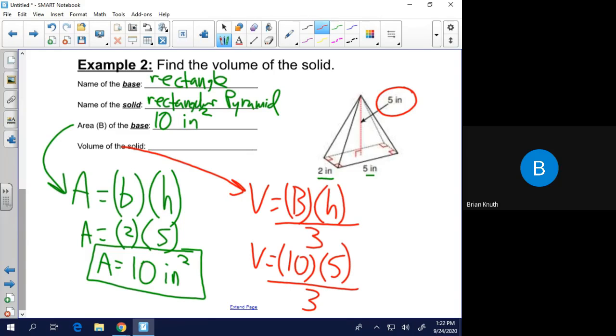Once I plug that into my calculator, I will get volume equals 16.7 inches cubed. Okay, I'll plug my equation in here. 16.7 inches cubed. Okay, so that is for a pyramid.